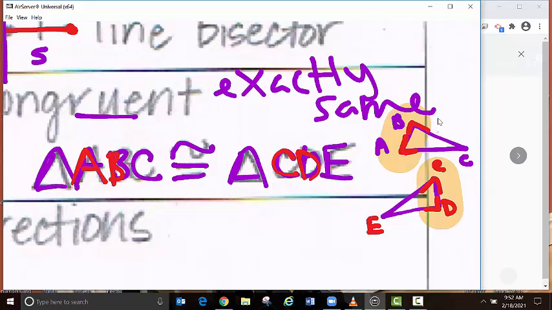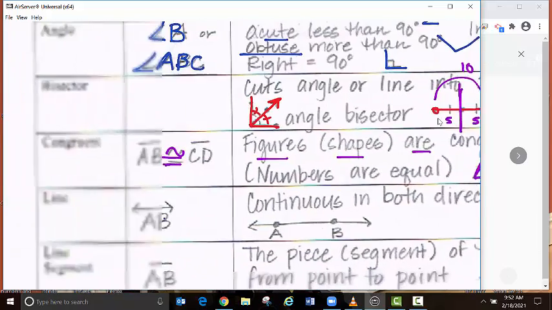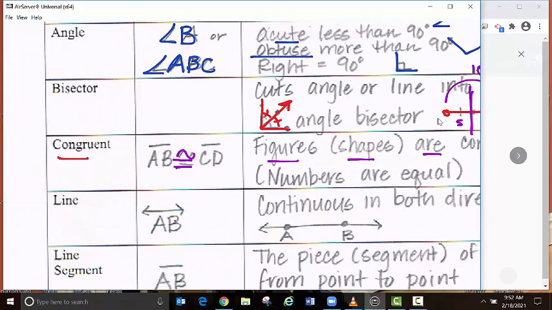They match exactly. If you're talking segments, it means they have the same length. So if this was AB, then this could be CD. They're 100% the same. The only thing we know about a segment is how long it is. So this length is the same as this length, okay?